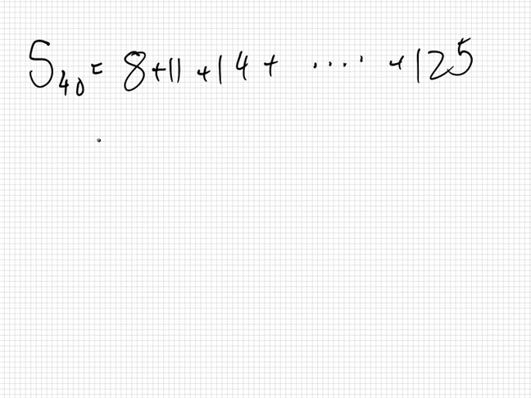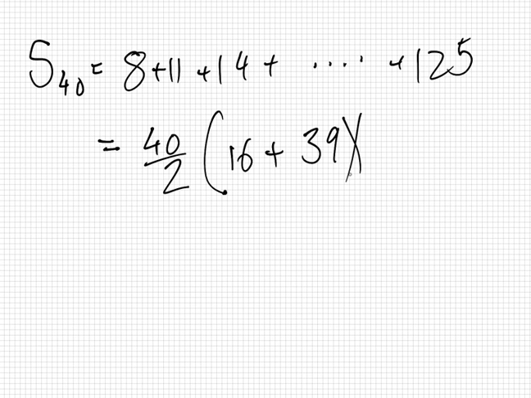What's the n? 40. 40 over 2, 2a. What's the a? 8. Yeah. N minus 1, and d. And what do we get? 2660.